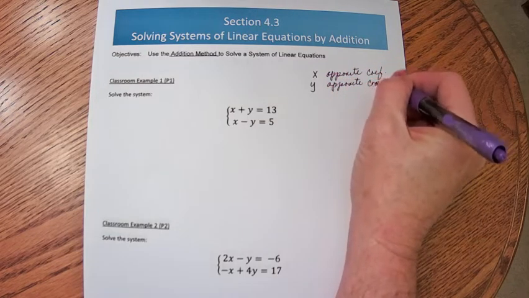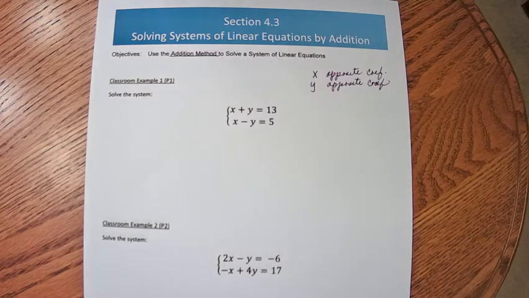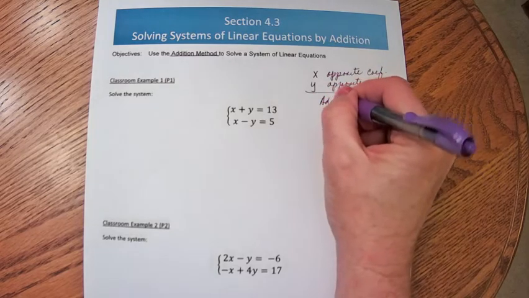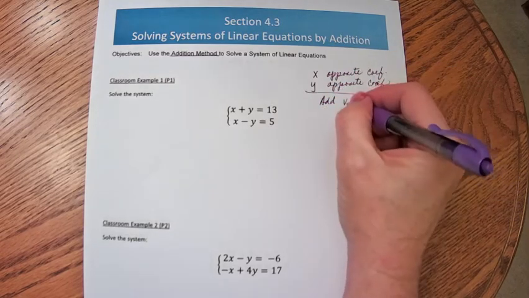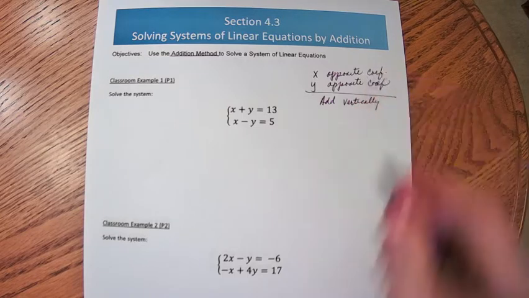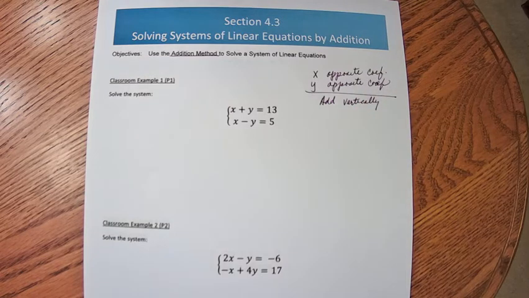Because if you can get x or y to have opposite coefficients, when you add vertically, which is why it's called the addition method, they'll cancel.